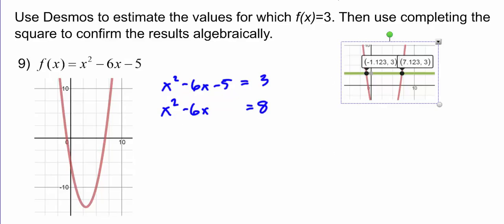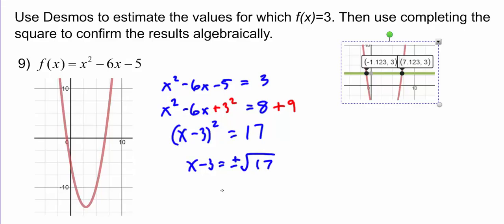The reason I left some space, as you could probably predict, is we're going to complete the square. So we're going to do a plus 3 squared over here, and that's the same as 9, right? So this is (x minus 3) quantity squared equals 17. So x minus 3 is equal to plus or minus the square root of 17, and x equals 3 plus or minus the square root of 17.